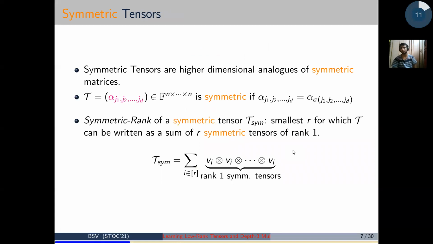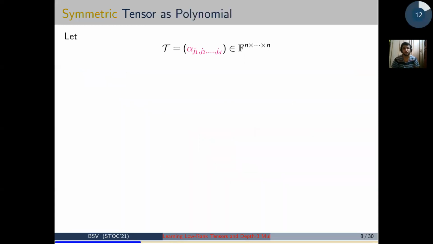Also, almost the same story goes through for symmetric tensors, which are analogs of symmetric matrices. You can define symmetric rank for them, which is a summation of rank 1 symmetric tensors, which are just powers of a vector, that is, tensoring it D times.